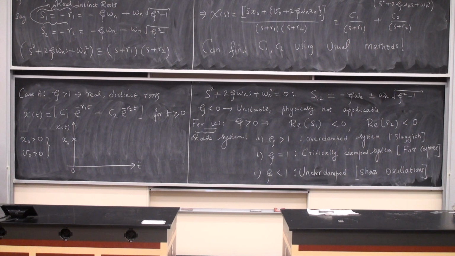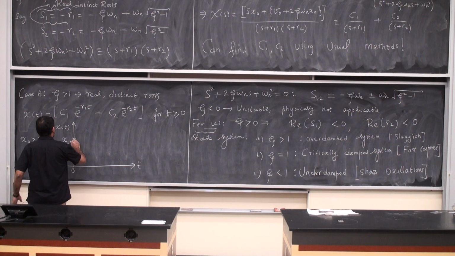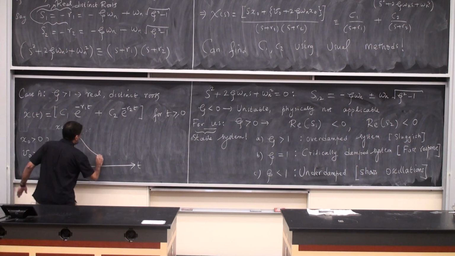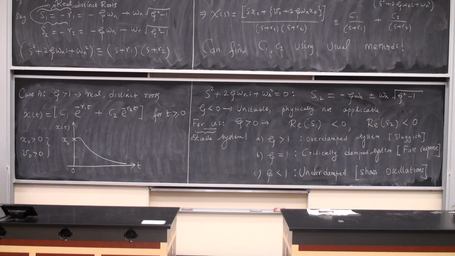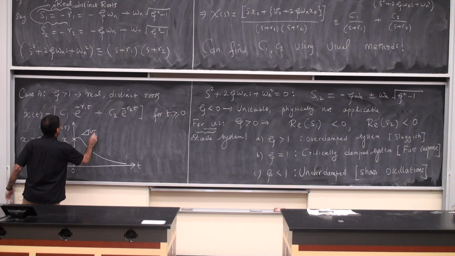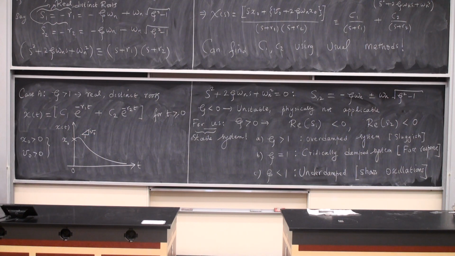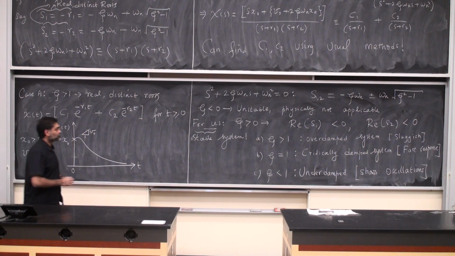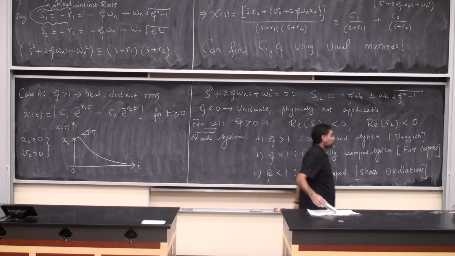At time t is equal to 0, the slope is positive. Okay, so which means that I have a small jump up, and then the system decays down. Okay, so the slope is positive at t is equal to 0. Why is that? Because the initial condition, the velocity is positive at t is equal to 0. So this positive slope is V naught. Alright, so this is case A.